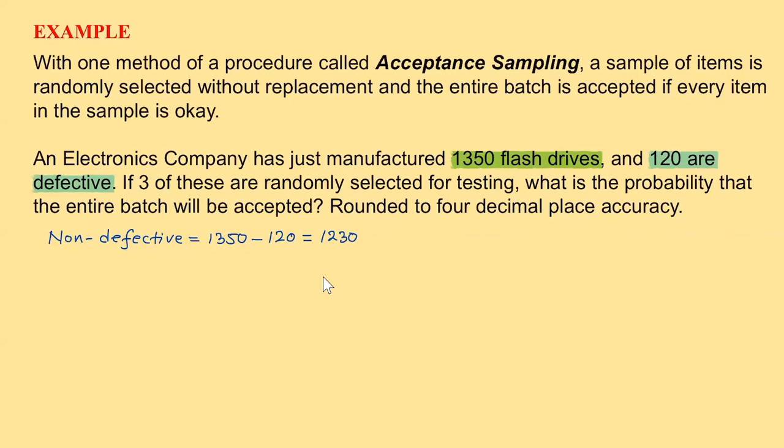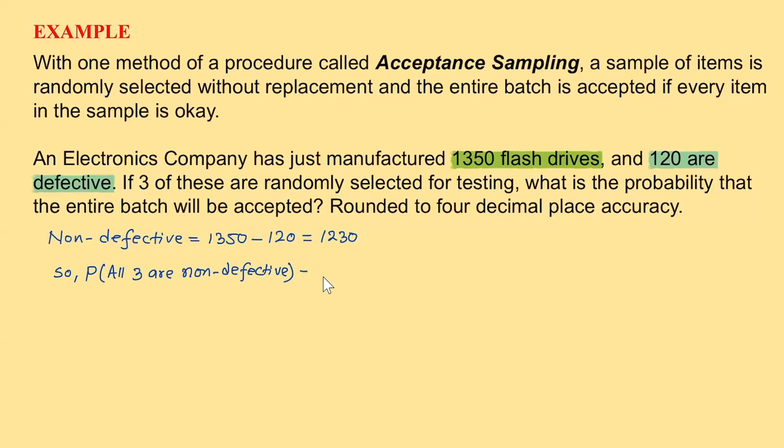So what we are looking for is the probability that all 3 are non-defective. The first is non-defective, second is non-defective, and third is non-defective.